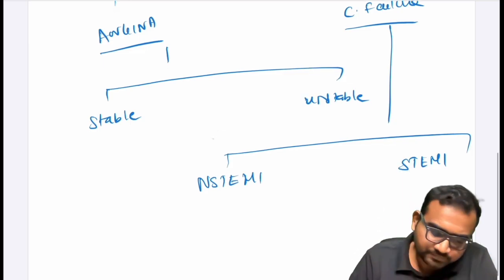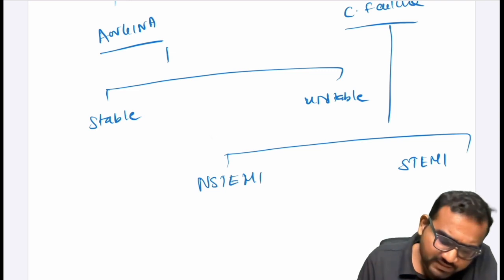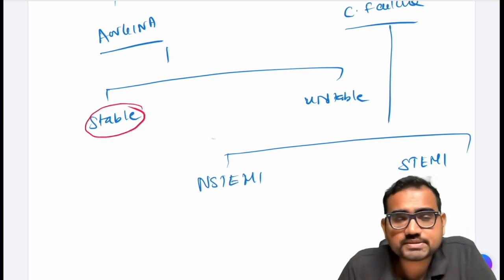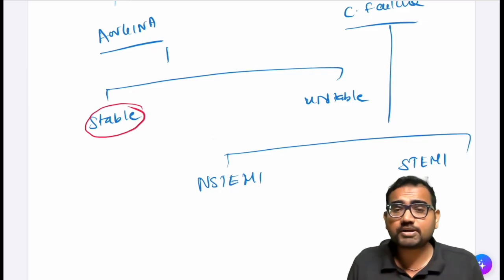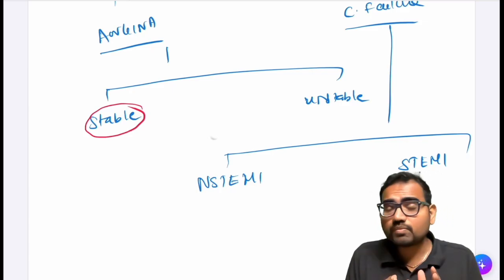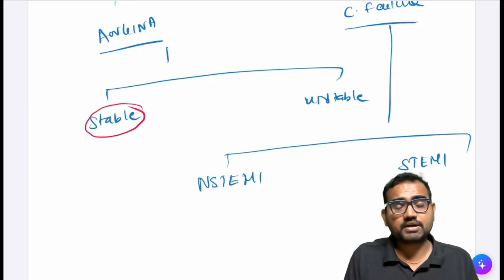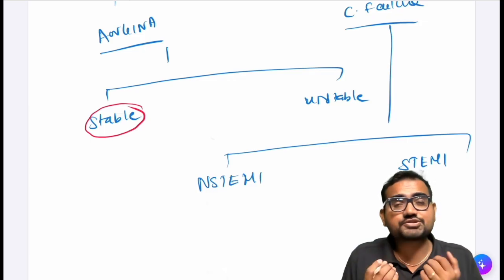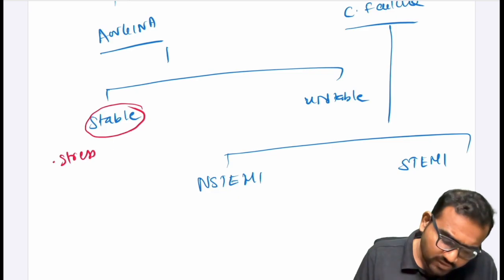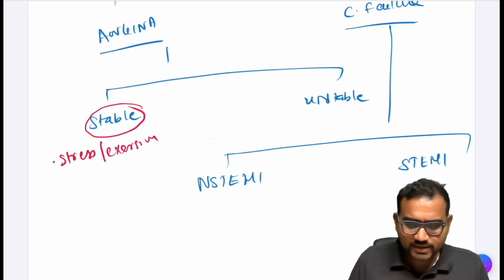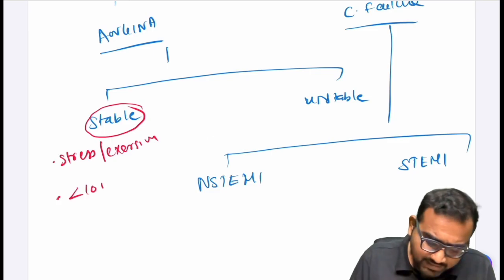Now, imagine a patient comes to you with stable angina. In stable angina, the patient will have pain only when he or she undergoes exertion or stress. Stable angina lasts less than 10 minutes.